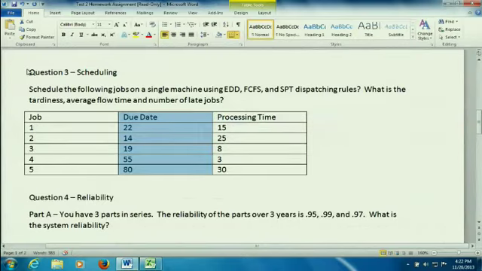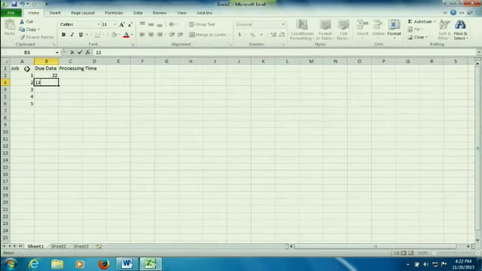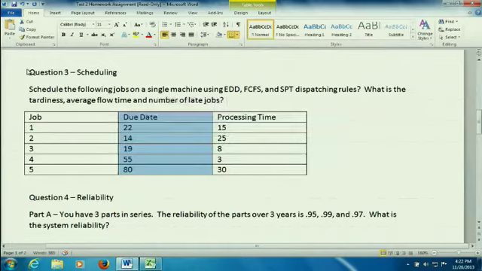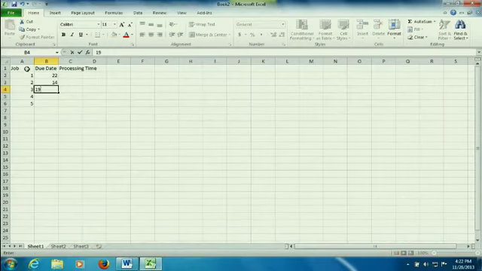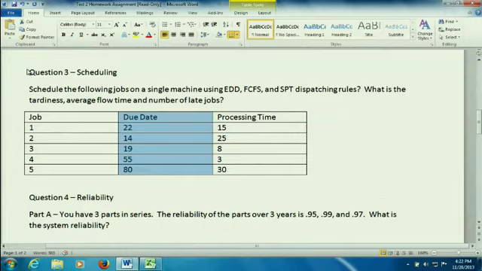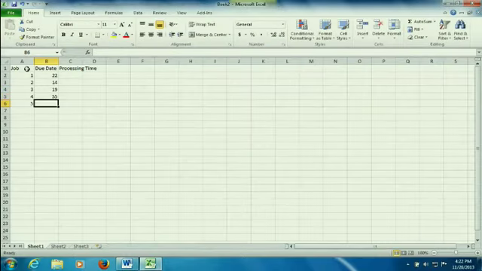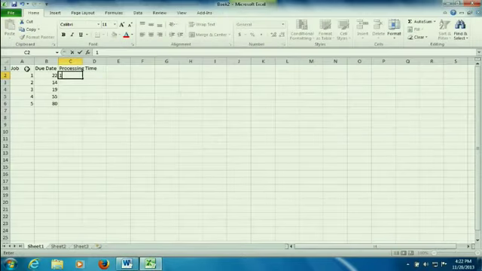The due dates are 22, 14, 19, 55, and 80. And then the processing times are 15, 25, 8, 3, and 30. Thank you.